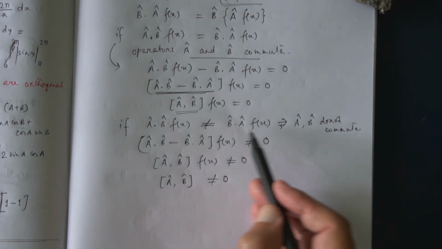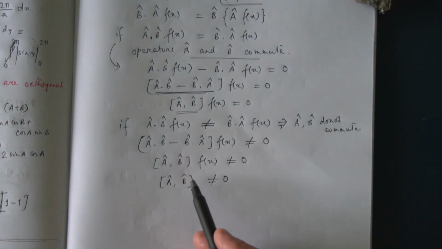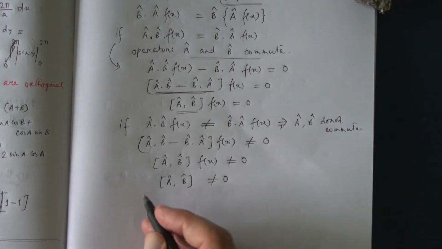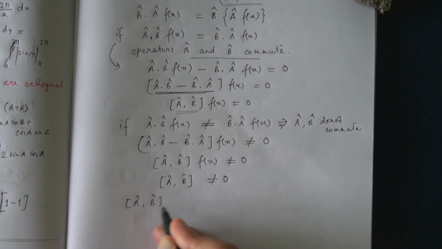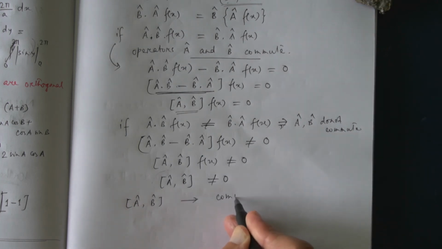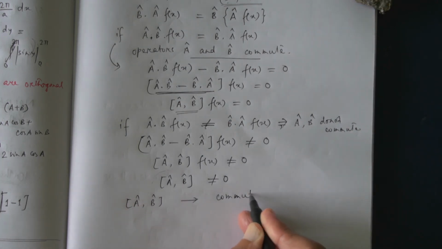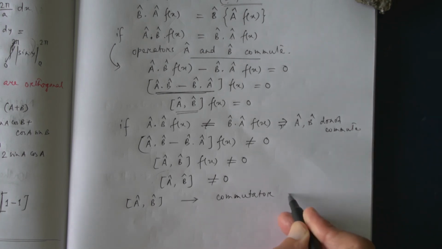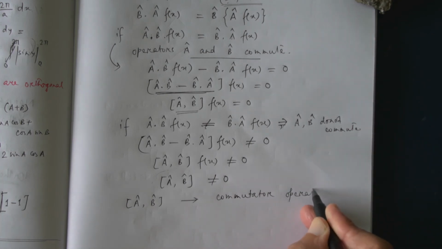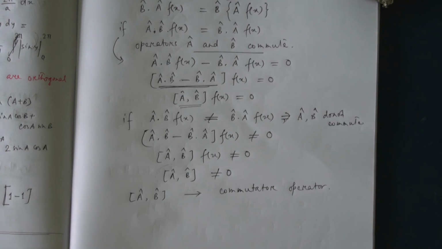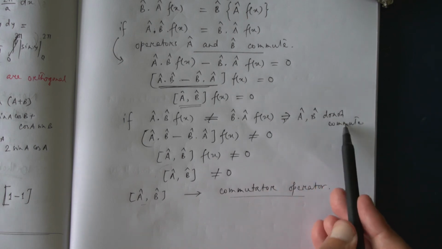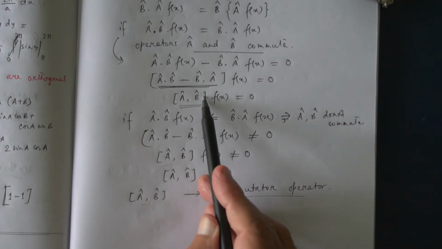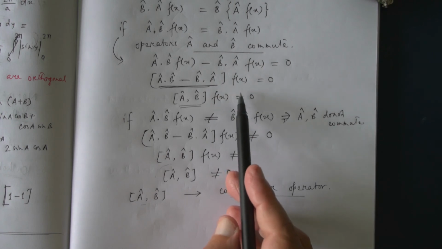Now if this happens, then we say that this is a commutator operator. When we say commutator operator, it is when A and B do not commute. When A and B commute, we do not say commutator operator.